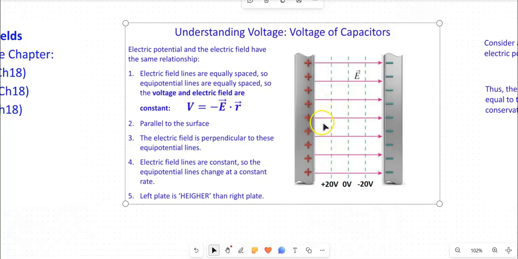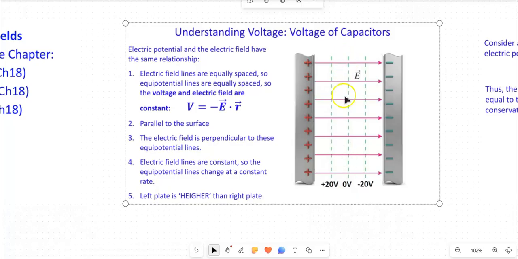Now, a constant electric field will create a constant voltage gradient, meaning that if the electric field lines are equally spaced, the voltage lines will be equally spaced. Unlike charged particles, which create an electric field that drops off with distance, so those electric field lines get further and further apart, and that's also happening to the voltage lines.